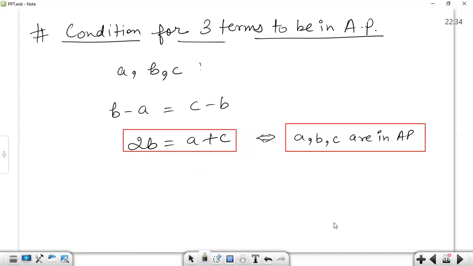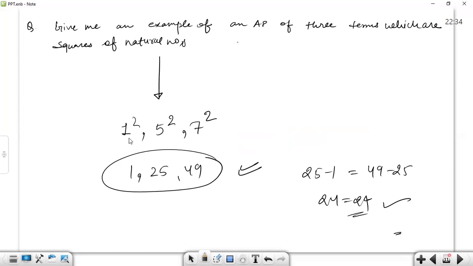So if you have to find any three natural numbers whose squares are in AP, suppose it is mentioned that P square, Q square, and R square are in AP. Now find out PQR.